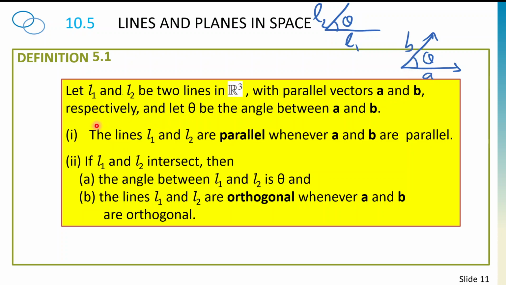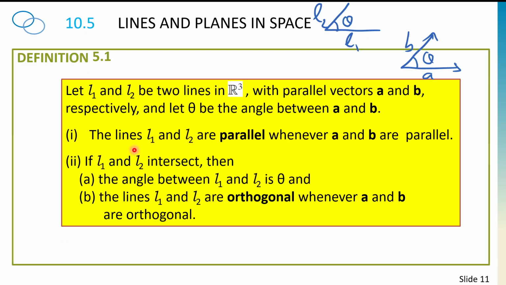So what is this definition saying? That the lines L1 and L2 are parallel whenever A and B are parallel, which means that the vectors and the lines have the same behavior. If the 2 lines are parallel, then their parallel vectors are parallel to each other.